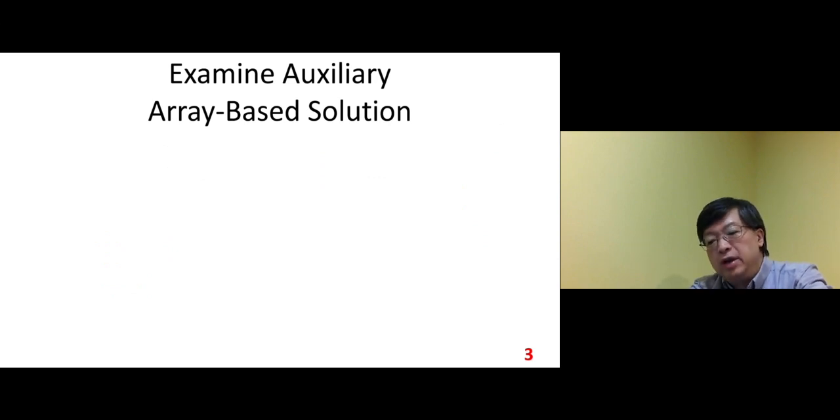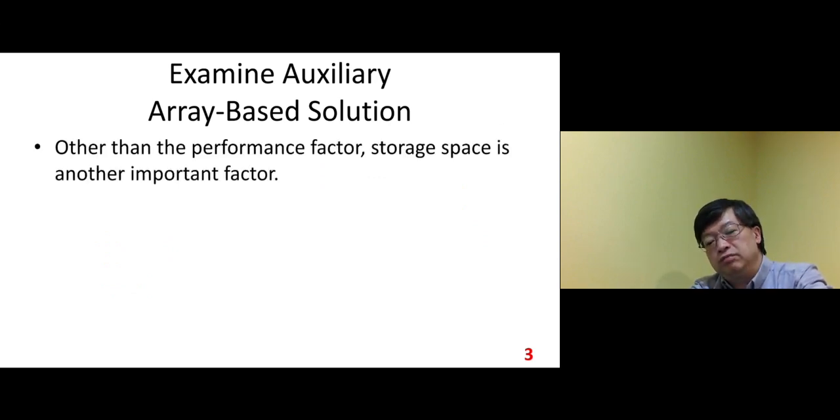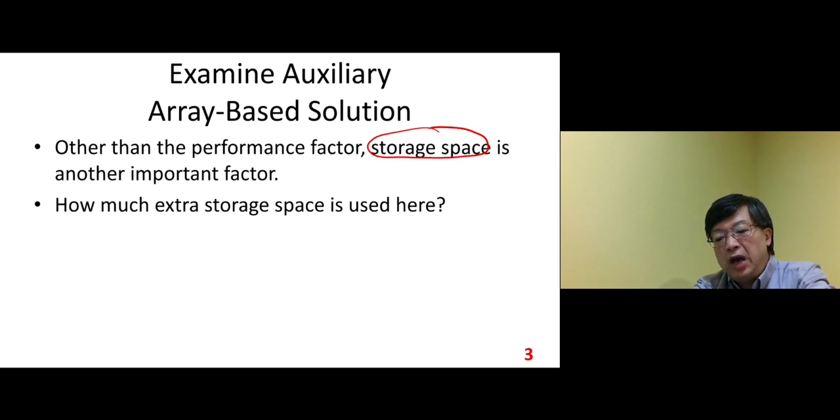Examine the auxiliary array-based solution. Here you can see we use an extra amount of space, other than the performance factor. For the performance comparisons it looks okay, but the storage space is another important factor we need to consider. How much extra storage space is used? We use two auxiliary arrays.